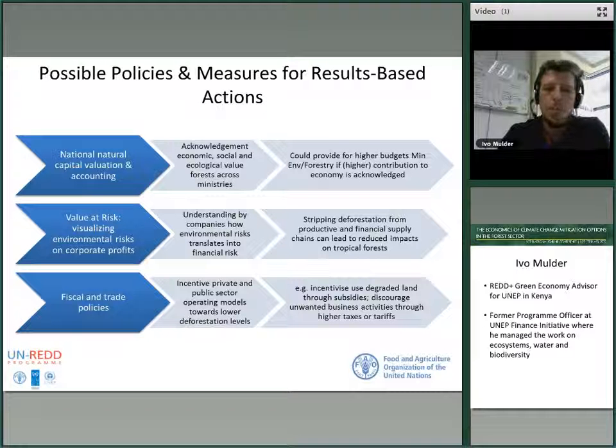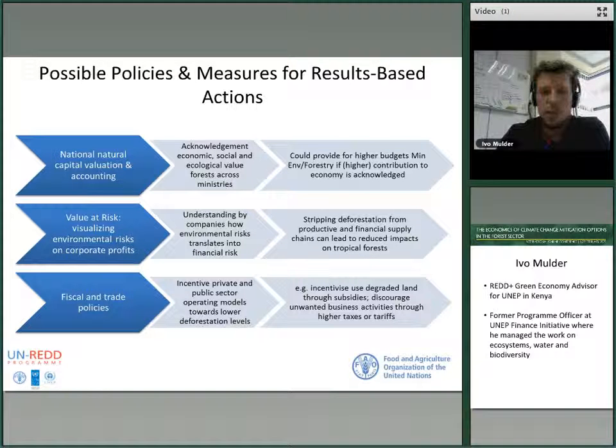The importance of calculating value at risk for companies that are active in the agricultural supply chain, and see how reducing deforestation or net deforestation and forest degradation can actually lead to a reduced material risk for companies.